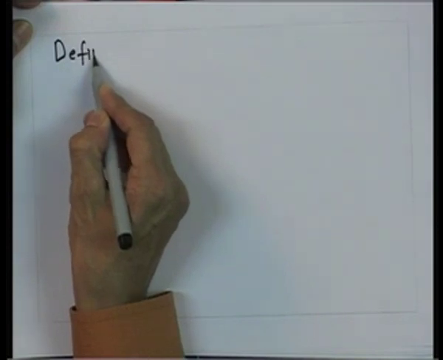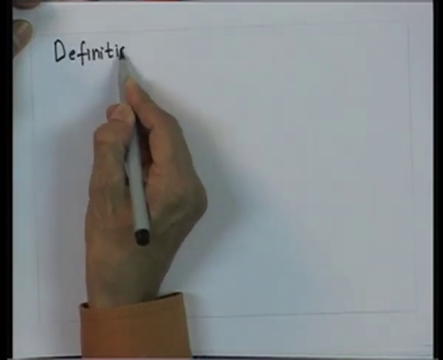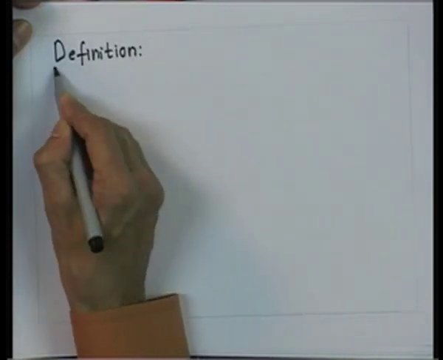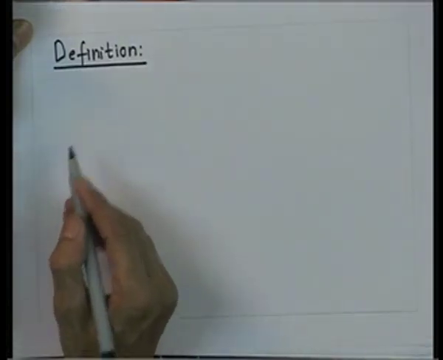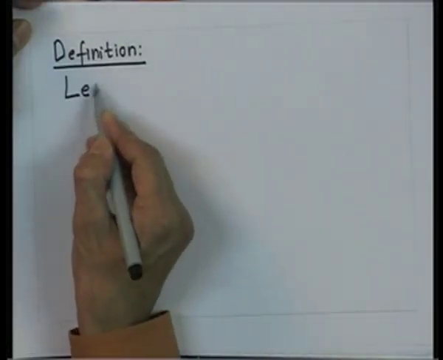In order to do that, let us define something known as a prefix of a code. So let us define a prefix of a code.